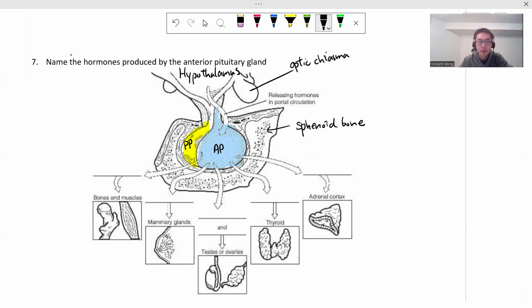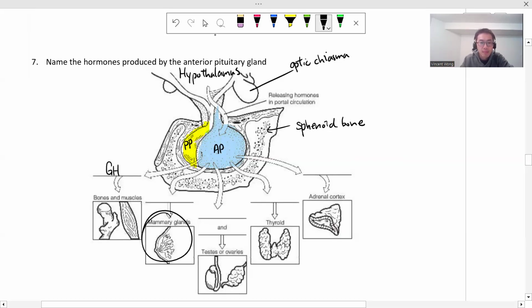Okay, so we're looking for a hormone coming out of the anterior pituitary gland that acts on the bones and the muscle. Anyone else? That's right, Blessing. The GH, the growth hormone. Very good. Growth hormone targets the bones and muscles so that you can get bigger.